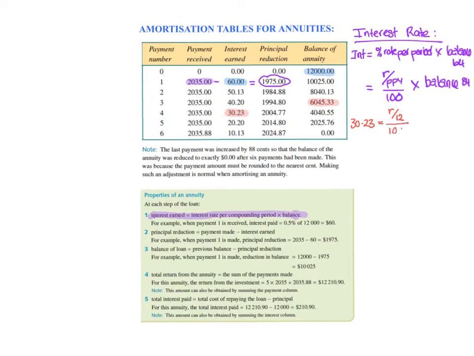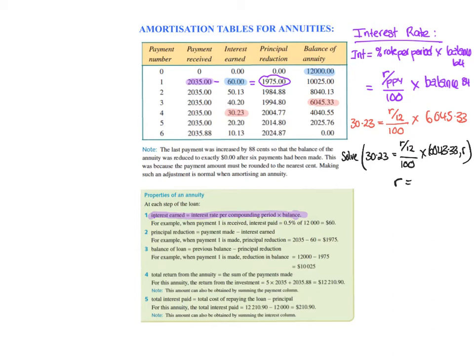And over 100 times the balance before, which would be 6045.33. So if I was trying to find the interest rate, could I just do solve because I only have one thing missing? Yes. So I'll use that and I'm going to find R. R for us is the per annum rate. So we'll do that, comma R, and I'll do that on the calculator.